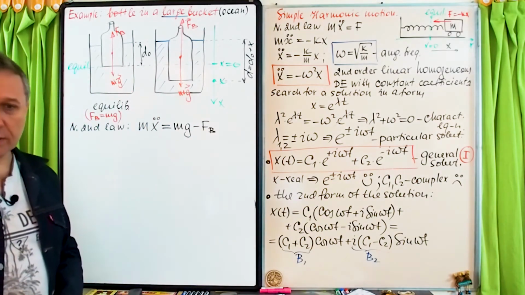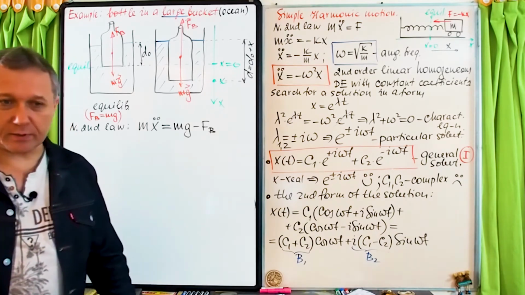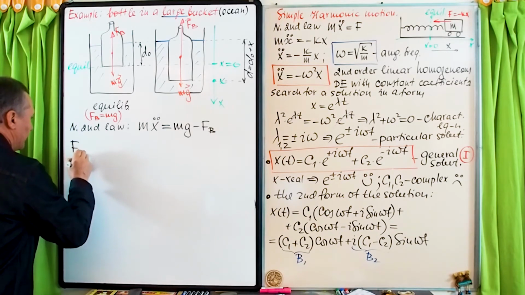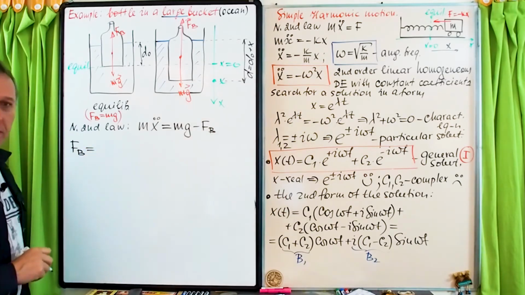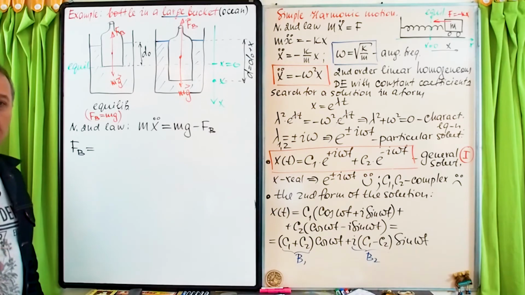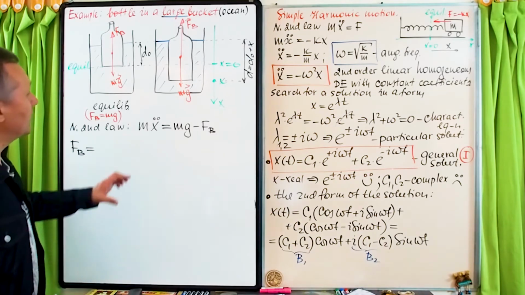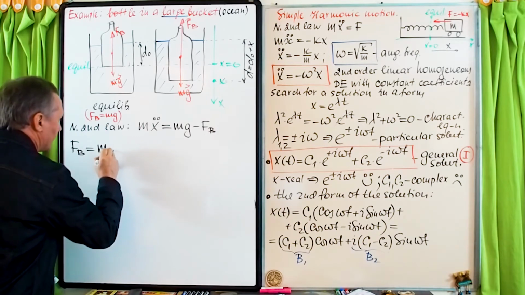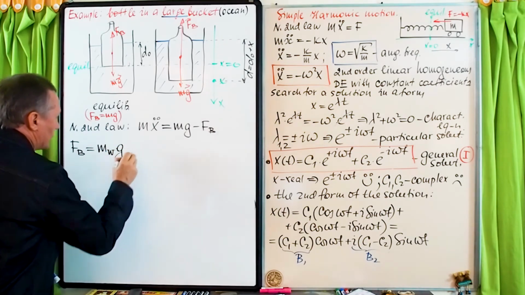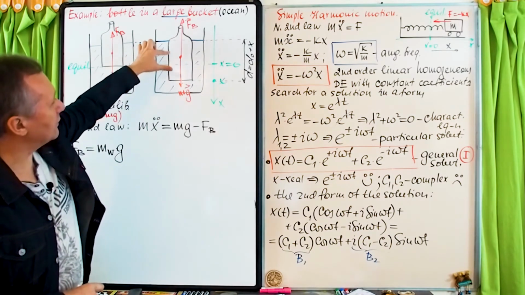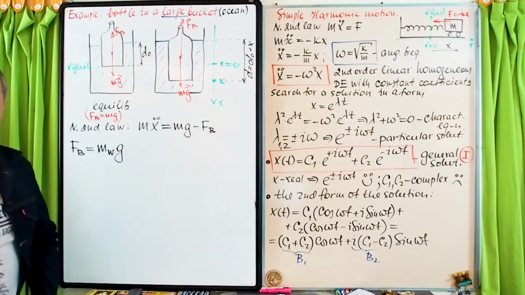Okay, so now let's explicitly write what is inside of this buoyancy force. Fb equals the weight of the displaced water, displaced by the bottle, right? So it's the mass of the displaced water times g. The mass of the displaced water is the water displaced by the volume of this part of the bottle.